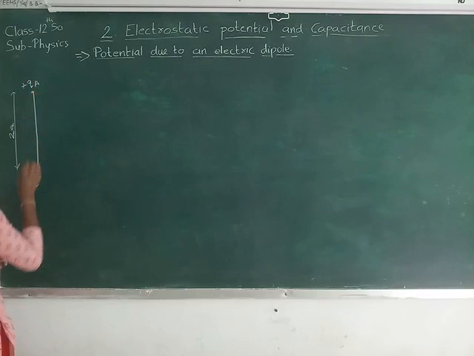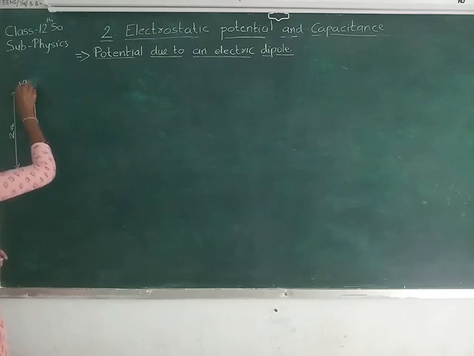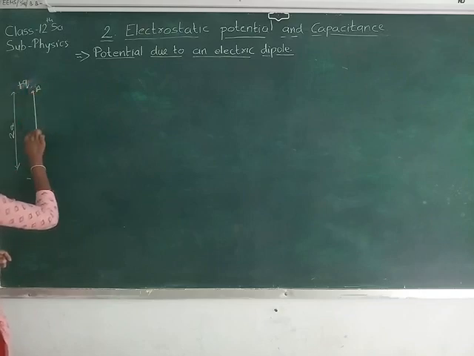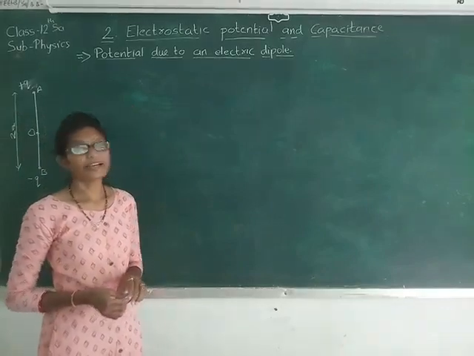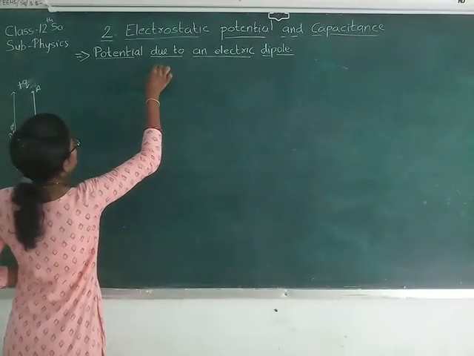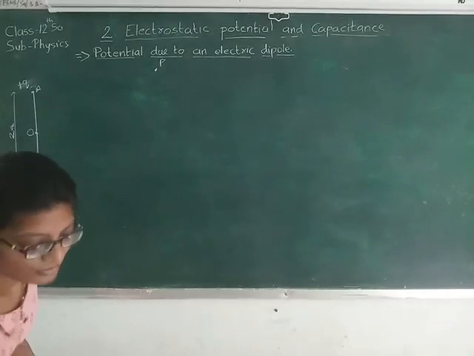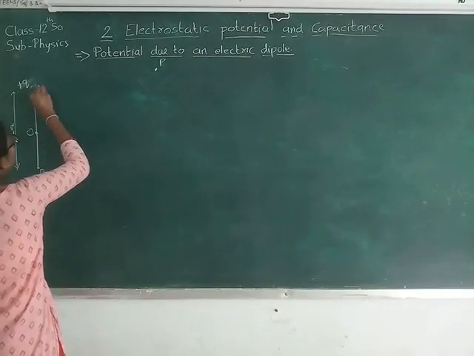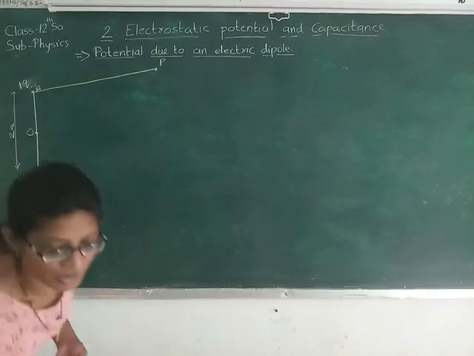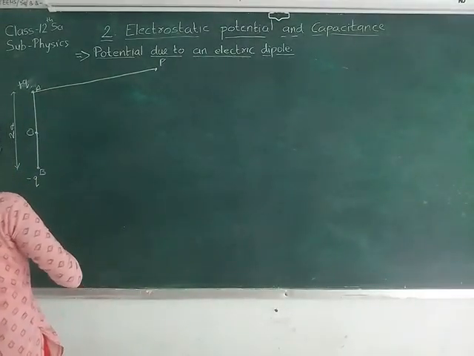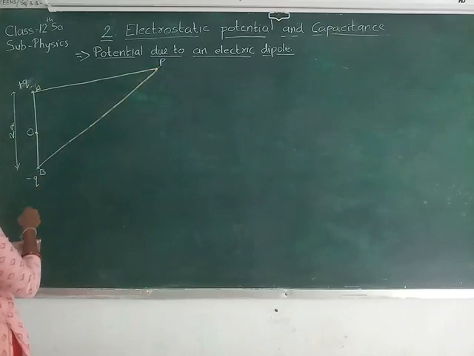Let this point be A, let this point be B. Let the midpoint be O, and due to this dipole we are going to find the electric potential at point P. So over here let us consider this point P. We will be finding the potential at point P due to the plus Q charge, and the potential at P due to the minus Q charge.